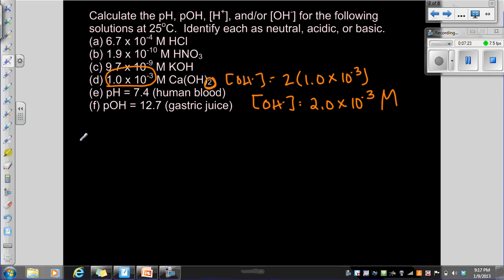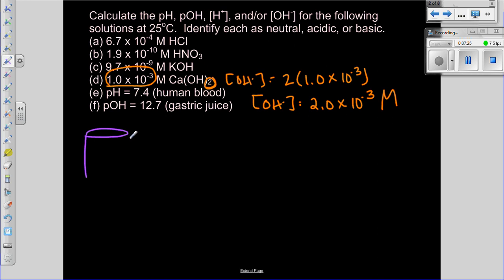If you're not sure what I'm talking about there, think about if that were dissolved in the solution, for every 1 mole of calcium ion, we would have twice as many moles of hydroxide ions, which is why we need to double it right there.